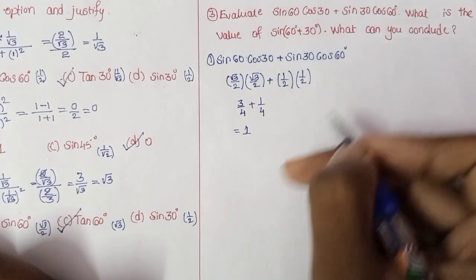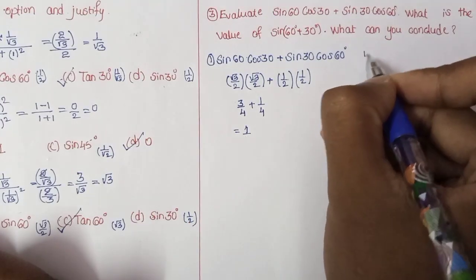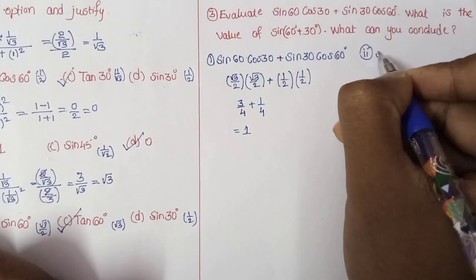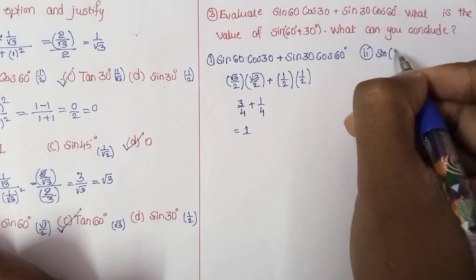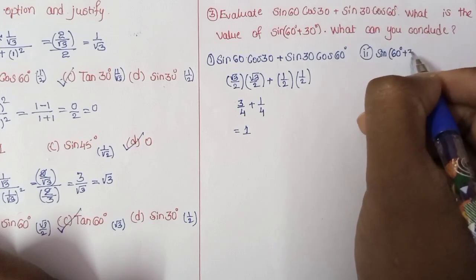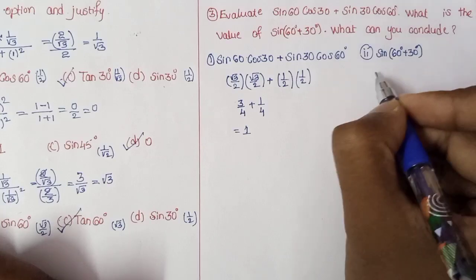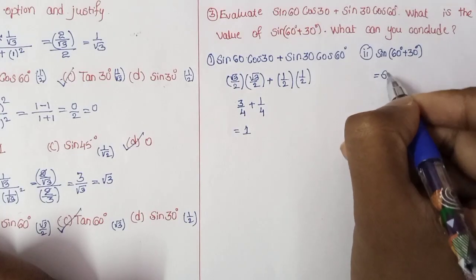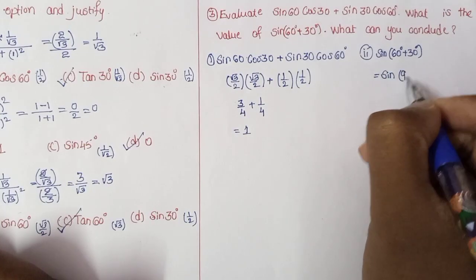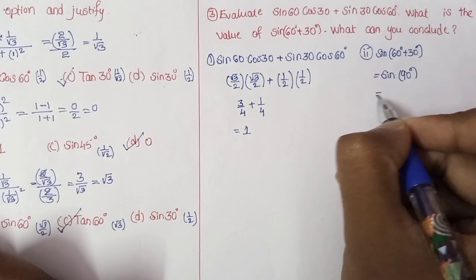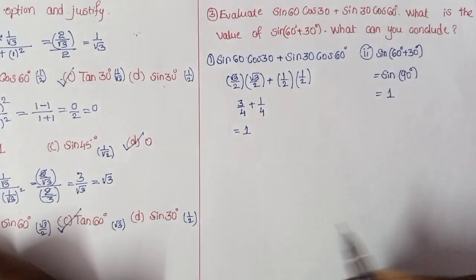You will get 1. So here we will evaluate the second term, that is sine of 60 degrees plus 30 degrees. So what is sine of 60 degrees plus 30 degrees? Sine 90 degrees. What is the value of sine 90? Sine 90 is also 1.